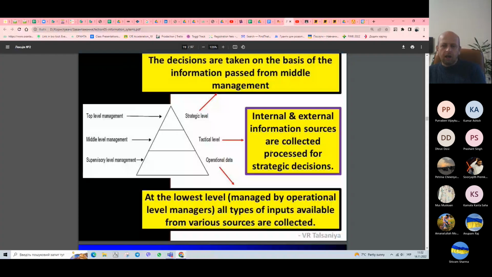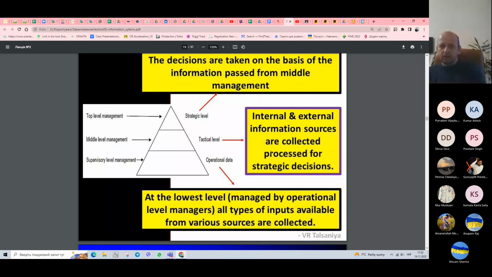The decisions are taken on the basis of the information passed from middle management, top-level management, and the supervisory level of management: the strategic level, tactical level, and operational level.